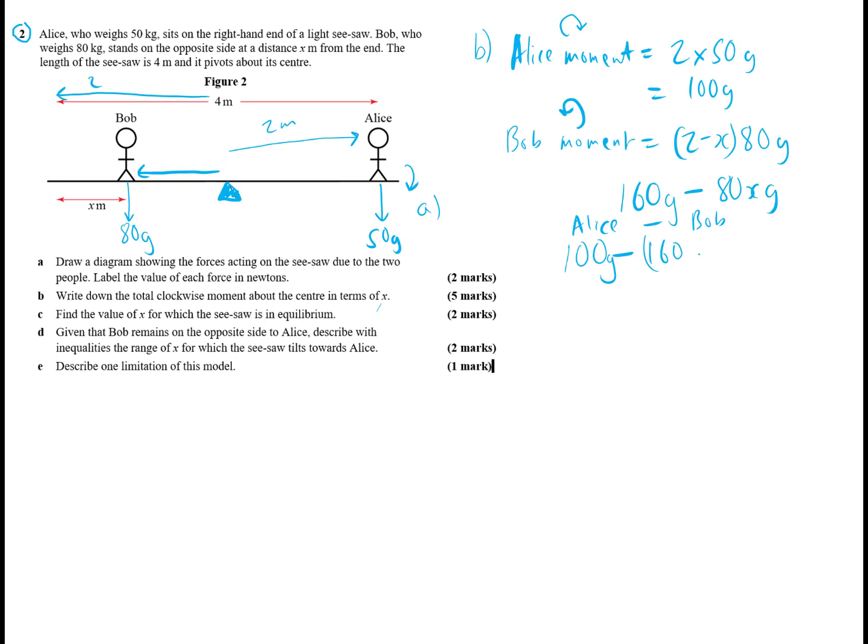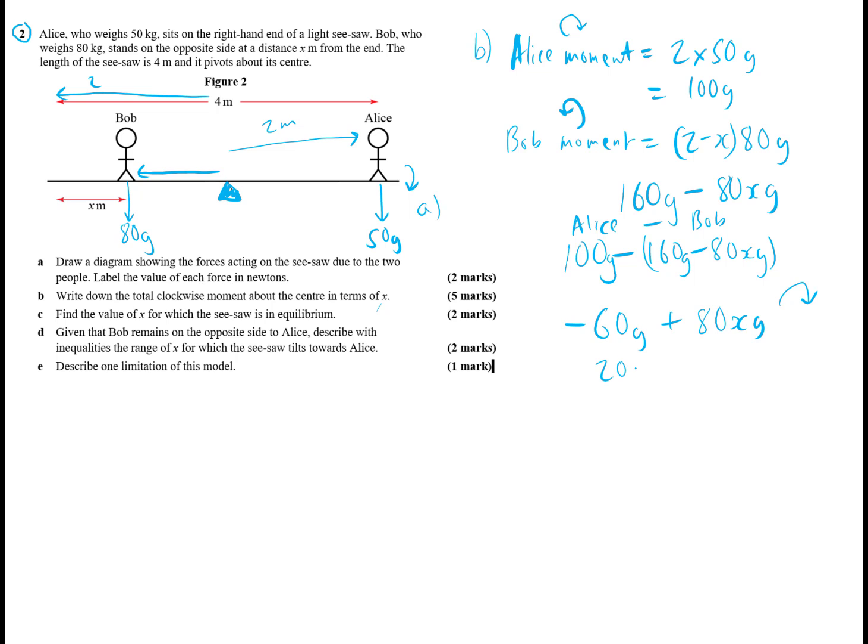Now that's in a bracket, it's minus 80xg. So let's put the g in. So you get minus 60g plus 80xg. Because you can see Bob's moment is greater, the total clockwise moment has to be negative, that makes sense. So let's just factorise that out.